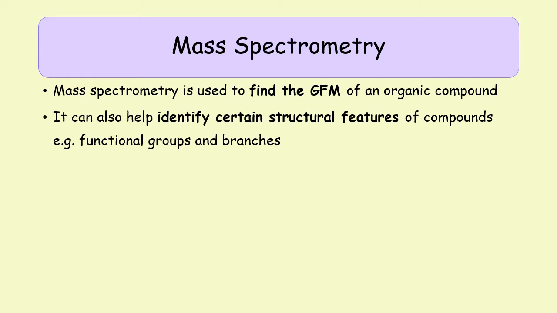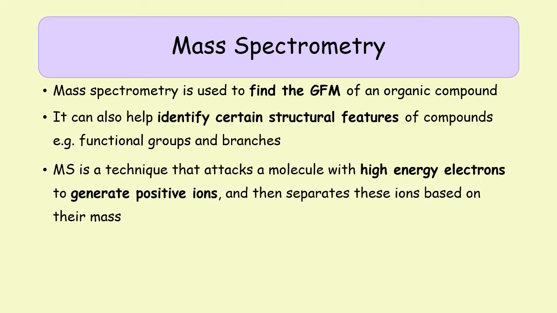So certain structural features such as a CH3 group, an OH group, the carboxyl group, things like that. Mass spectrometry starts off with your molecule intact, and during the technique it fires really high energy electrons to generate positive ions.